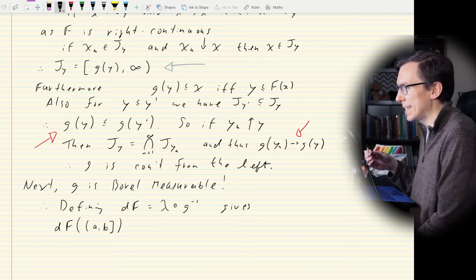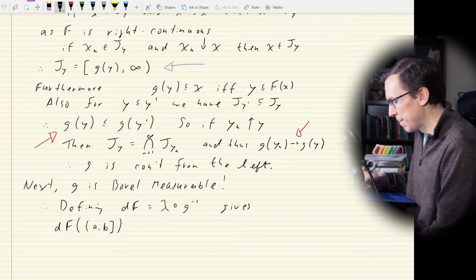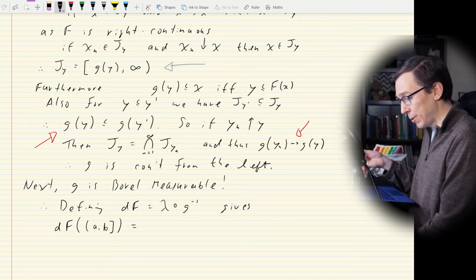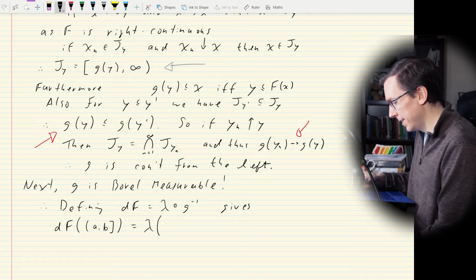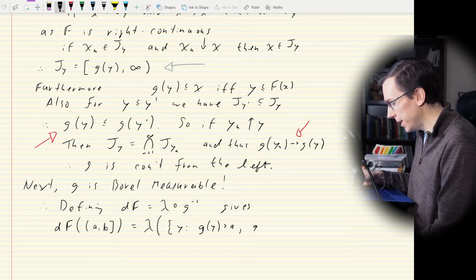We want it to be F of b minus F of a. Well, let's see if this gets us what we want. This is going to be lambda, the Lebesgue measure, applied to a set. In this case, it's the set of all y such that G of y has to be greater than a, and G of y has to be less than or equal to b. Right endpoints closed.